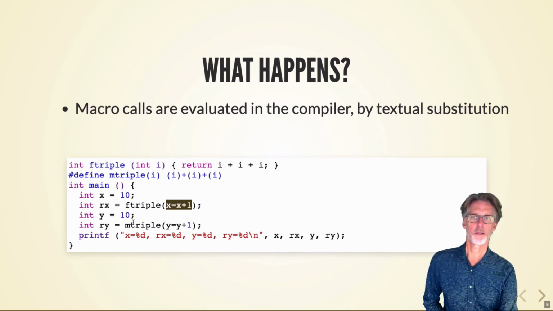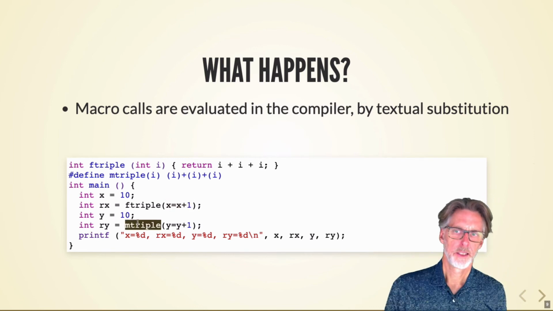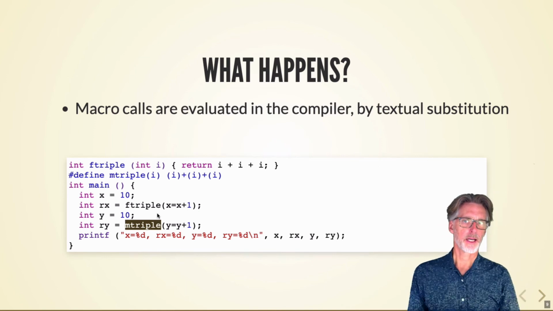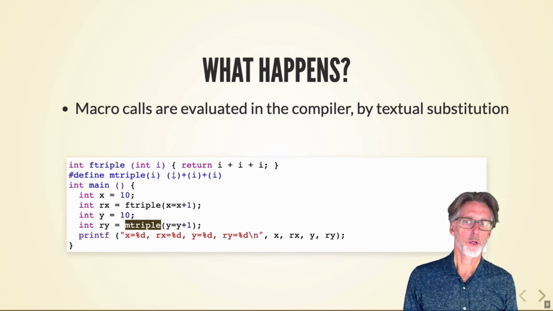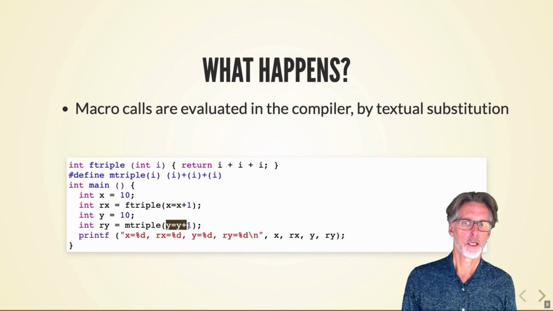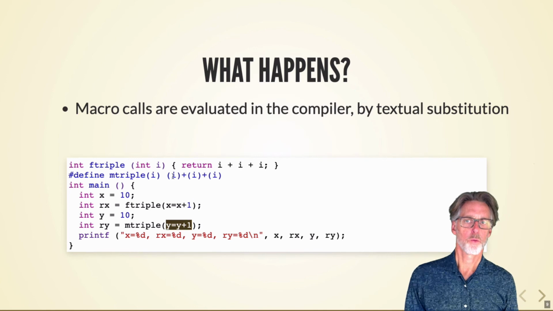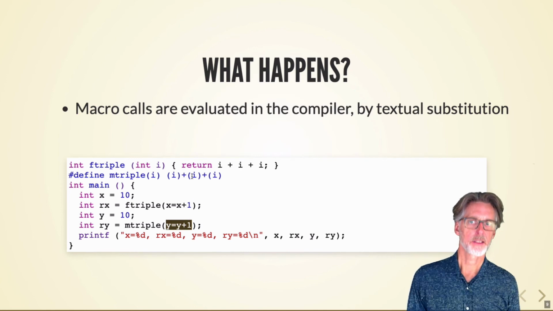Instead, what happens with im triple? Well, something very different here, because im triple is expanded by the compiler. So what we're going to have is this expression repeated 3 times. So y gets y plus 1, plus y gets y plus 1, plus y gets y plus 1.